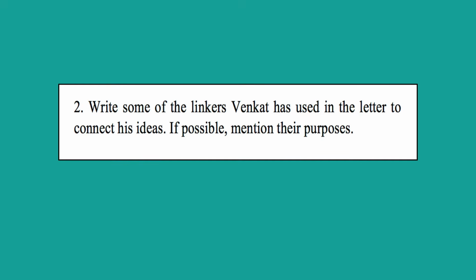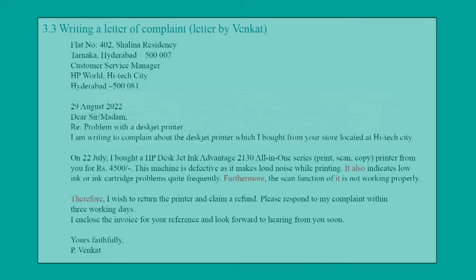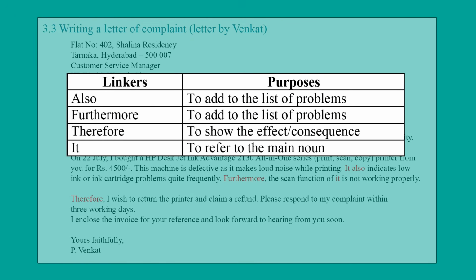Question number 2. Write some of the linkers Venkat has used in the letter to connect his ideas. If possible, mention their purposes. The first linker Venkat has used is also. The purpose is to add to the list of problems.